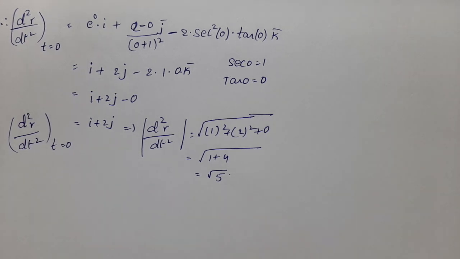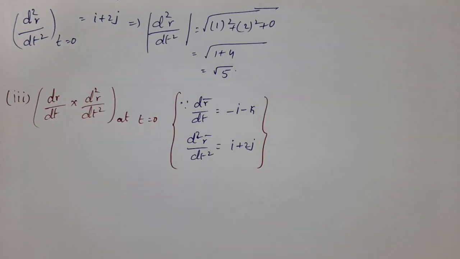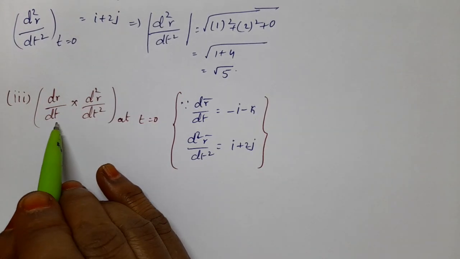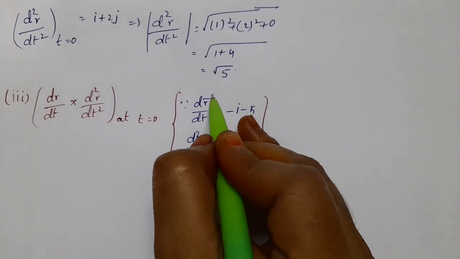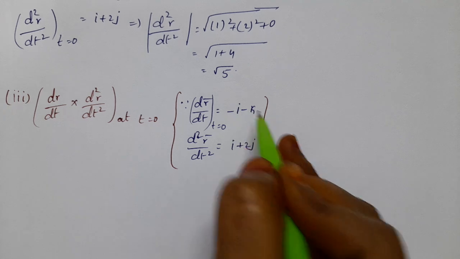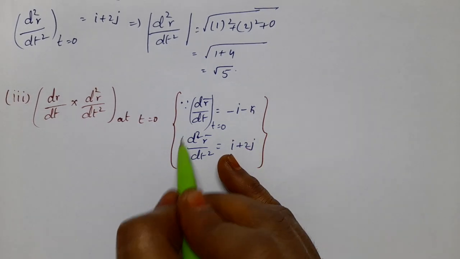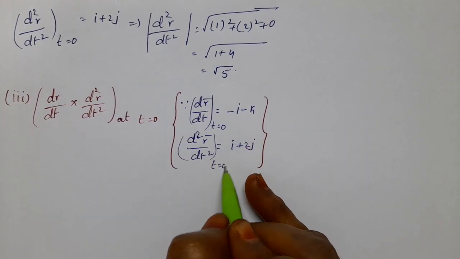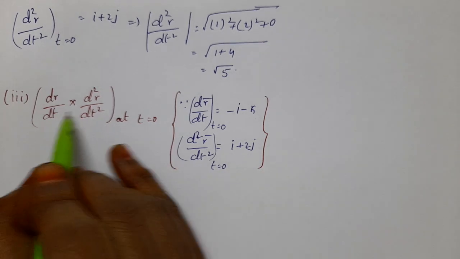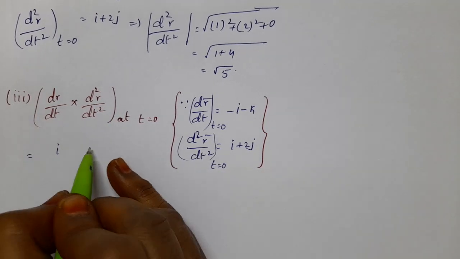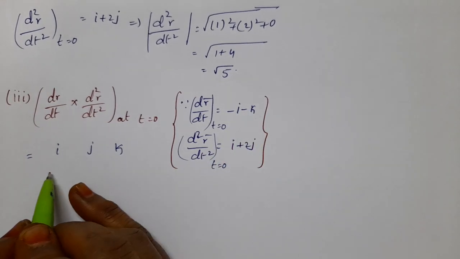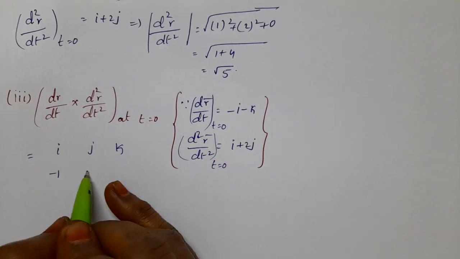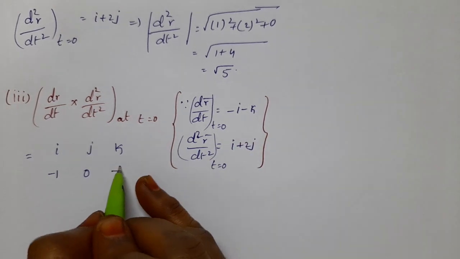Now the cross product of the first derivative and second derivative. So dr by dt cross d square r by dt square at t equal to 0. dr by dt at t equal to 0 is minus i minus j minus k. d square r by dt square at t equal to 0 is i plus 2j. For this, the cross product can be taken in determinant form i, j, k. Here the first vector: minus 1, j 0, k value minus 1.